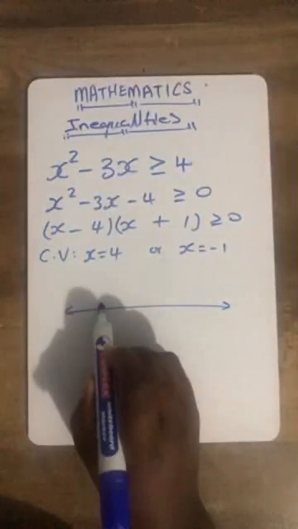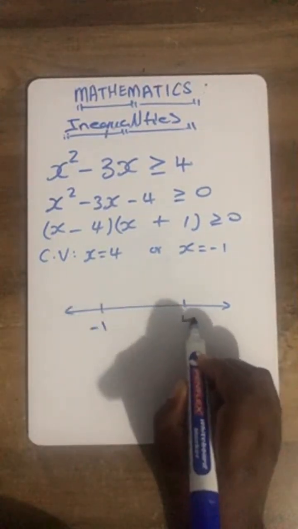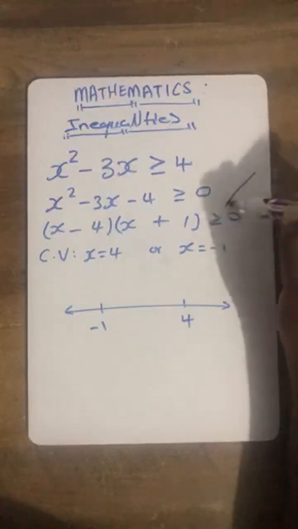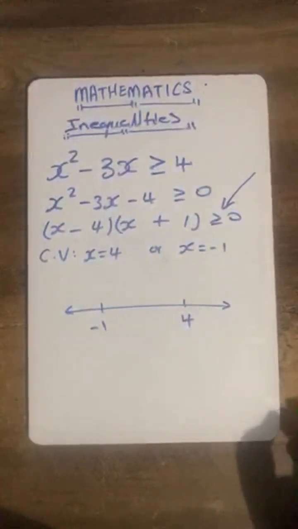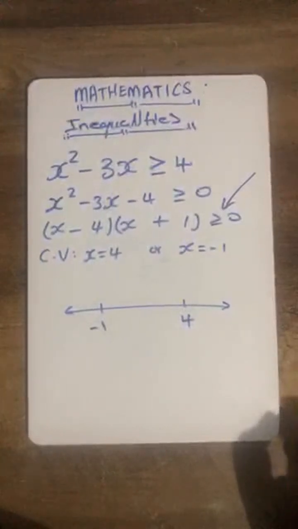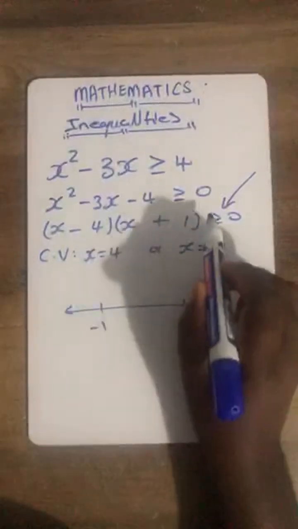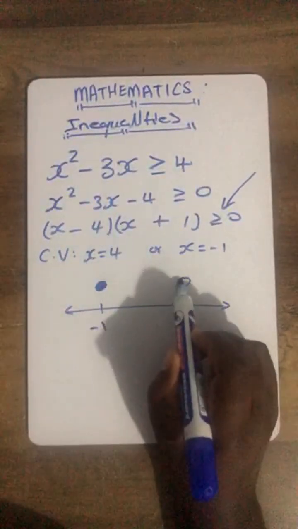So let's see, that means you're having negative 4 there, and you have 4 there. So you look at that inequality sign there. I hope I'm still clear. You look at that inequality sign there, you see it is that one of greater than or equal to. So because it is greater than or equal to, it means the circles are shaded.